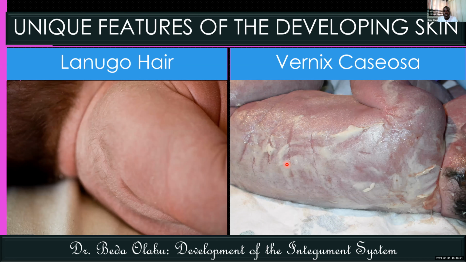Again, you may still have persistence of the whitish paste in a term baby, and it's fine. But we also know that the presence of vernix caseosa could be a clinical indicator of prematurity. We expect to see it more in premature babies. This whitish paste usually protects against the corrosive effects of the amniotic fluid.